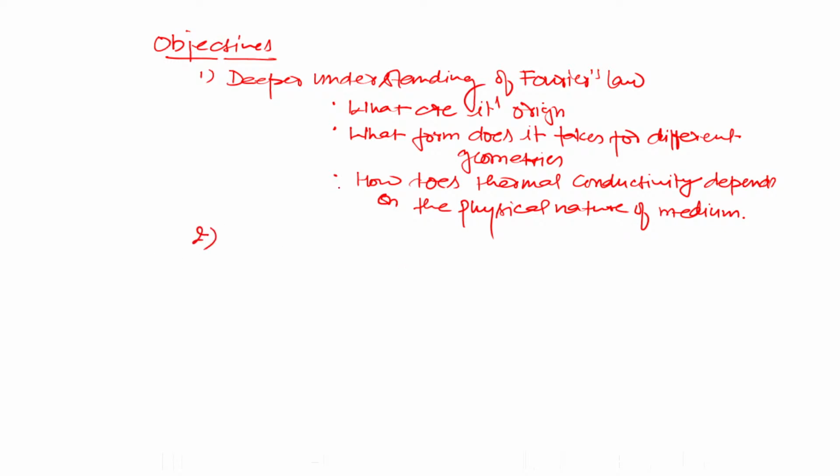Our second objective: all 3 points are under the deeper understanding of Fourier's law. The second objective is to develop from basic principles the general equation, called the heat equation. To develop the general heat conduction equation, which governs the temperature.